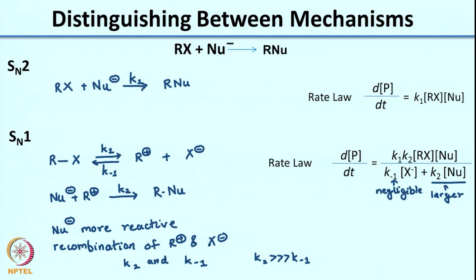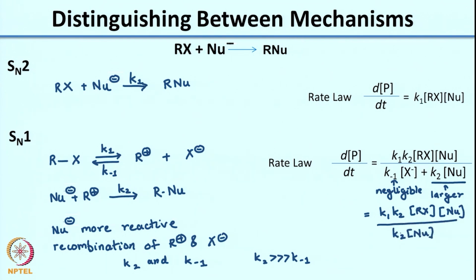So what I can now do is write this expression as K1, K2, RX, Nu, and in the denominator I have K2, Nu.